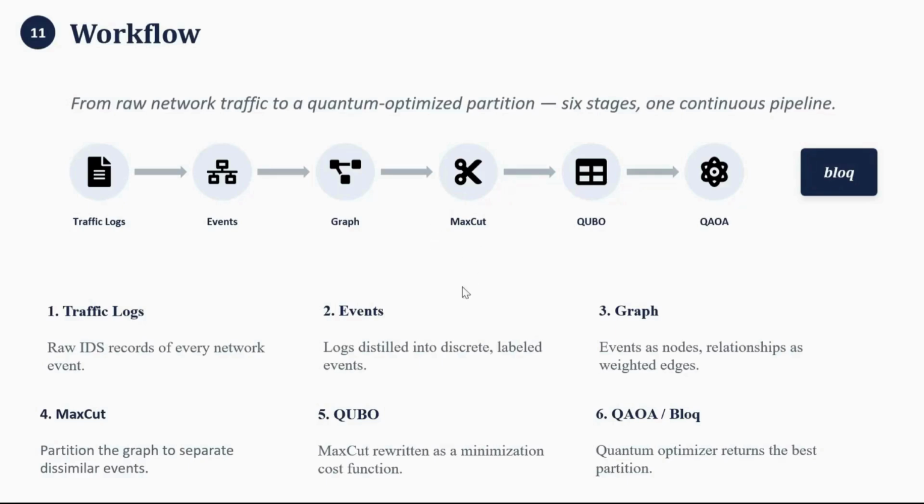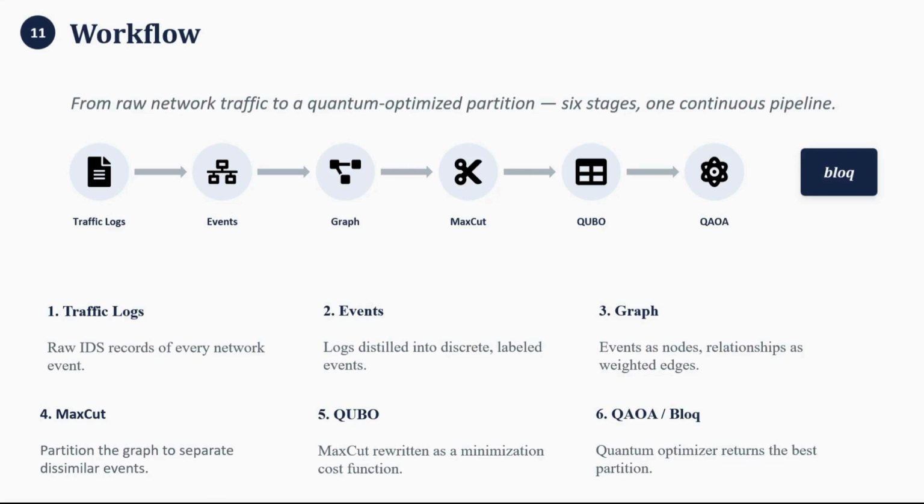Now let's summarize everything we have done and also what we'll be doing in the future. First we began with the raw network traffic. The idea is to extract the suspicious network events. These events are then represented as nodes in a weighted graph. This graph partitioning problem is formulated as a max cut optimization problem, and later the max cut formulation is converted into a QUBO cost function.